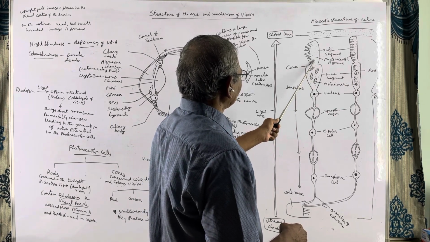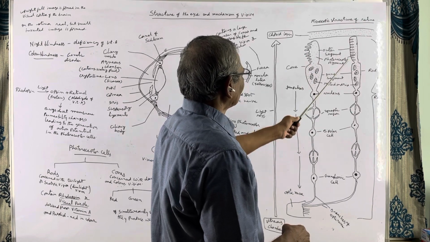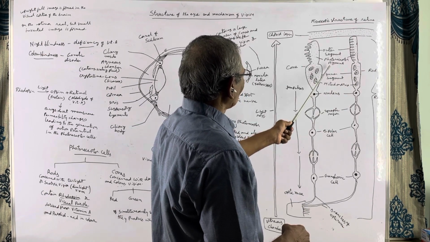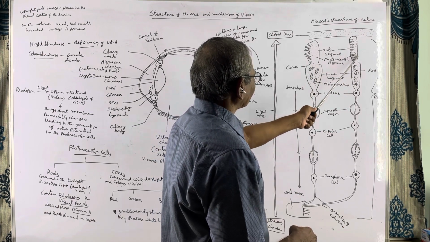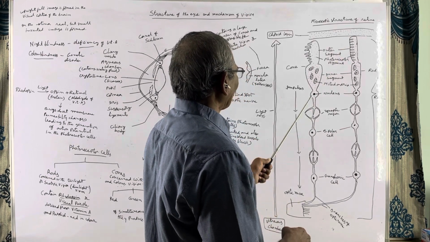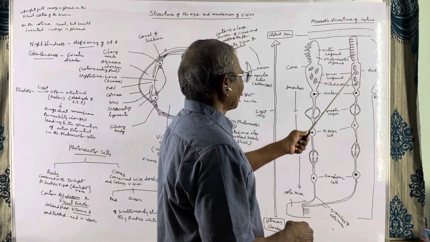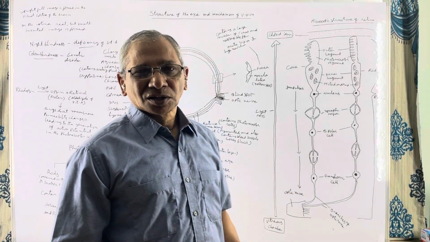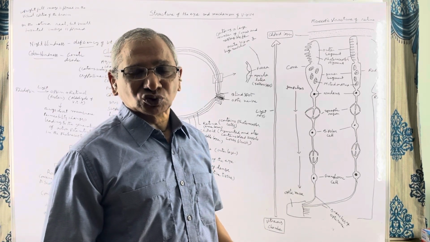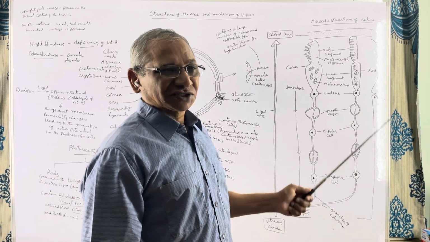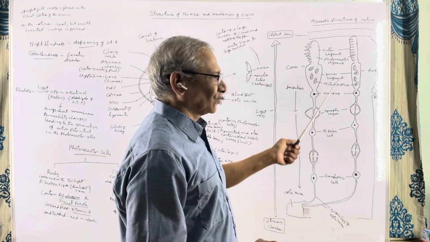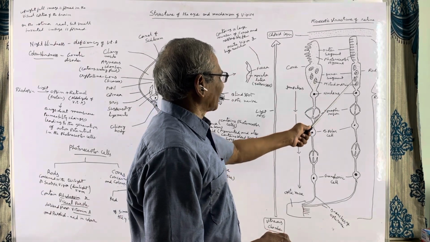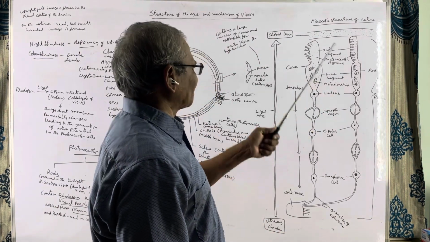This is called the outer segment, this is called the inner segment for cones. Similarly for rods, this is the outer segment, this is the inner segment. The photoreceptor pigment is present in the outer segment, whereas mitochondria are present in the inner segment. The mitochondria produce ATP, which is used in the transmission of action potentials generated in the photoreceptor cells. Because of this function, we find a large number of mitochondria in the inner segment of rods and cones.